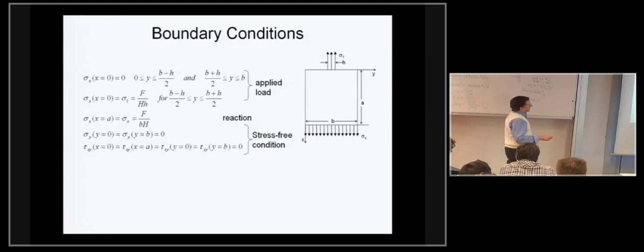Then at the other end, I have sigma x at x equals a, which is a constant value. And then sigma y at the two vertical edges is 0, and tau xy everywhere on all the edges is 0.